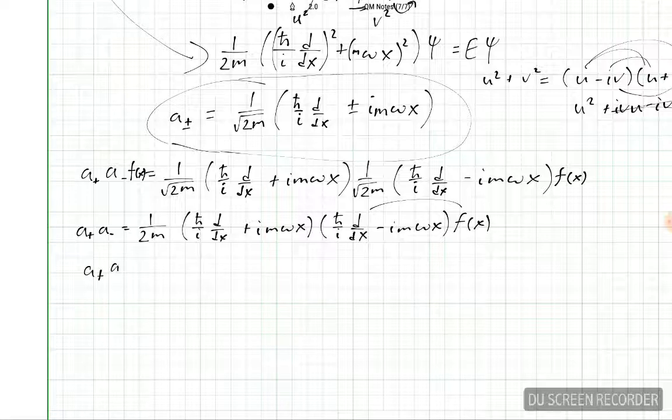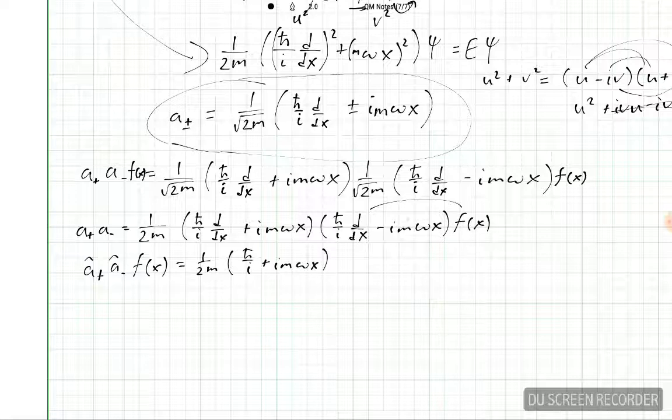Oh, I suppose I should write it on this side too. So it's a plus operator, leave little hats for operators, times a minus operator acting on f of x. This guy's over here.